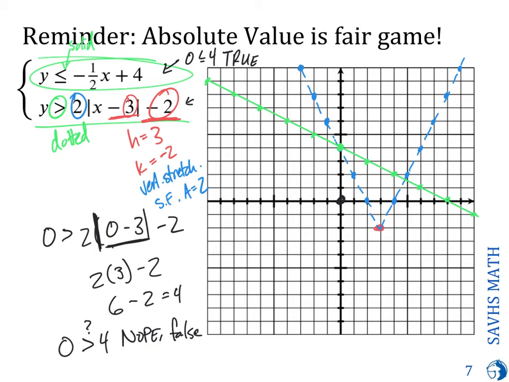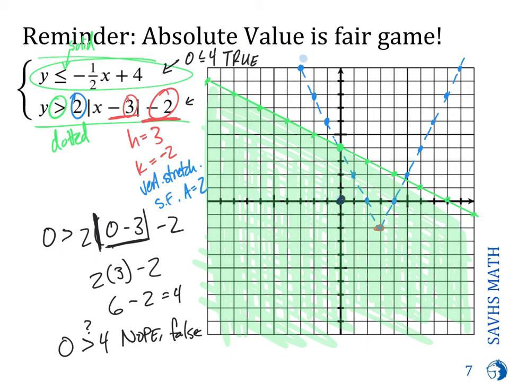So this green line was true for 0, 0. So I can shade where 0, 0 is for the green one. Like that. The blue absolute value function said it was false, so I can't shade over here.